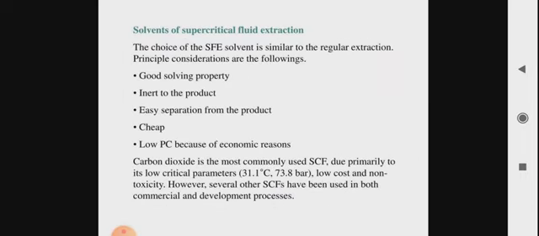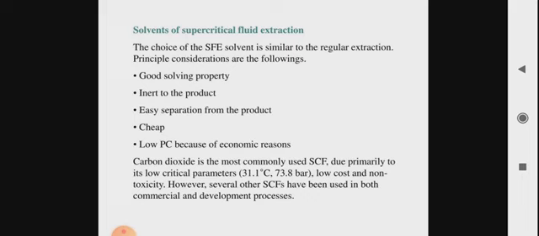Again, the choice of supercritical fluid solvent is similar to the regular extraction principle, considering the following. First, good solvating property, which we have already seen in the last slide. Second, inert to the product, which is the most important thing. There is no interaction, because when the pressure and temperature change, it turns into another form, gaseous state converted to liquid or liquid to gaseous.